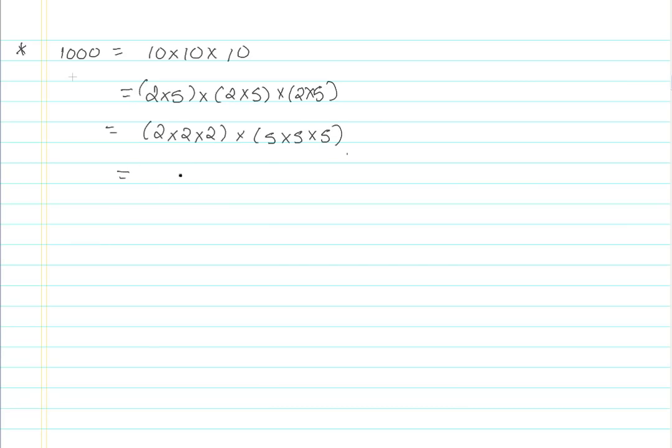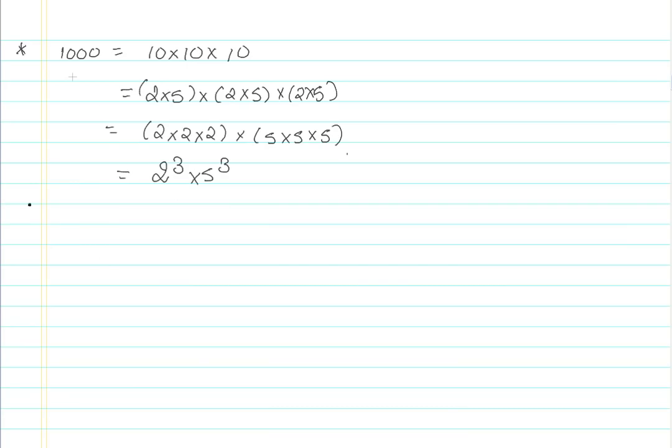This gives me 2 to the power of 3 into 5 to the power of 3. So I break it down into 2 and 5, which are the prime factors, and represent it in exponent form. So 1000 can be written in this prime factor representation.